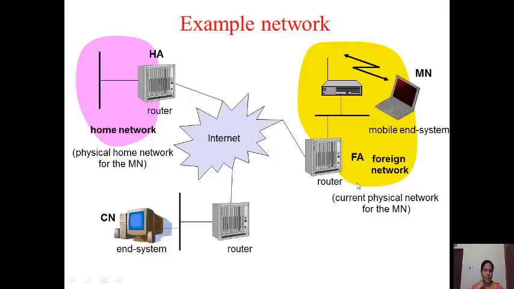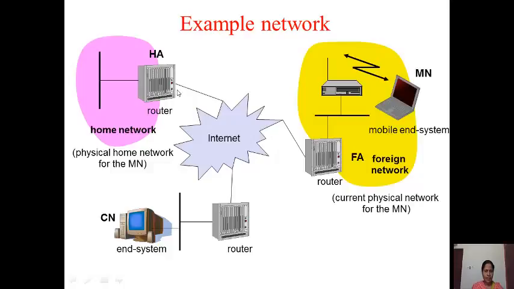What I meant by a foreign network is, whenever a mobile node is away from its home network, the network with which it is associated presently is called the foreign network, right? This foreign network basically becomes the current physical network for the mobile node because it is present in the foreign network at this point of time, right? And this is the foreign agent. As I said, this foreign agent again maintains the details of the mobile node, whoever is actually available in its network.